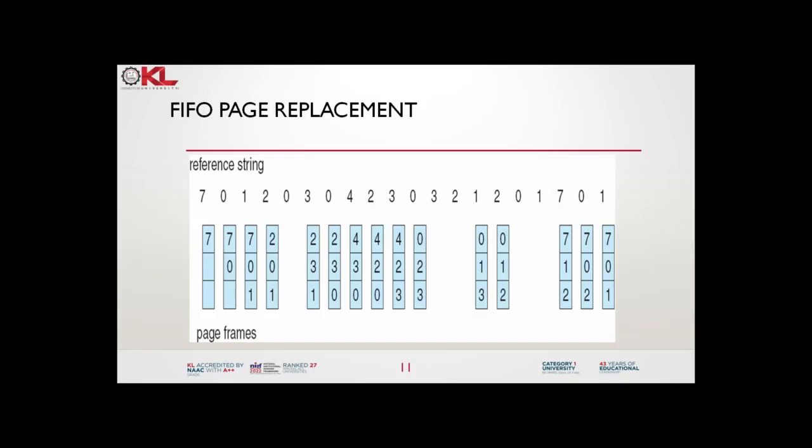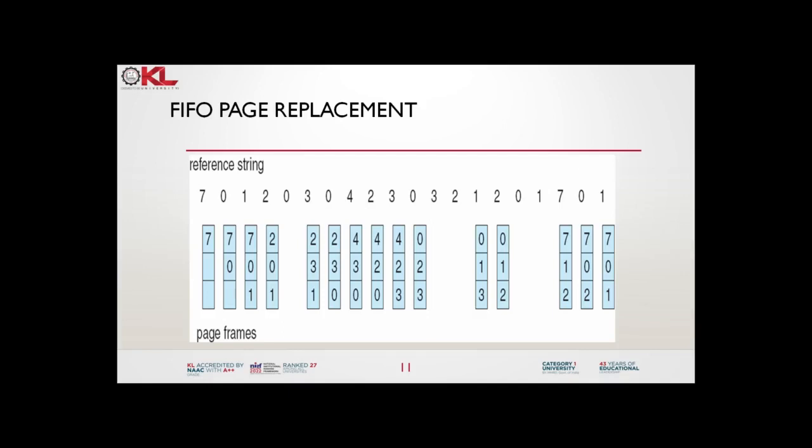The first come page is replaced by the new page in the frame, so it becomes 2, 0, 1. This is also swapped in from secondary memory, and because we have swapped in, we consider it a page fault.